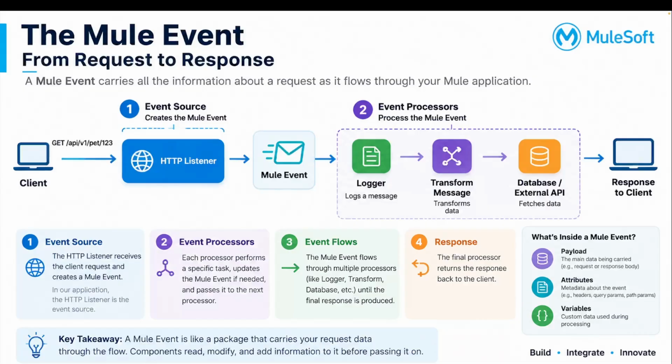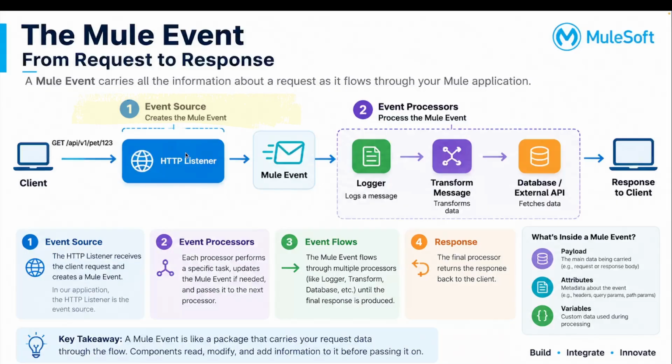A Mule event mainly consists of two parts: event source and event processors. The event source is where the Mule event is created. In our application, the HTTP listener acts as the event source.